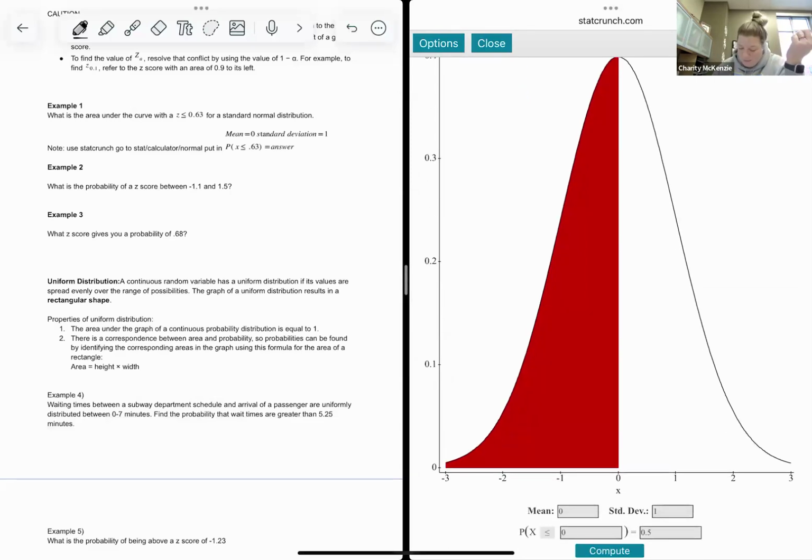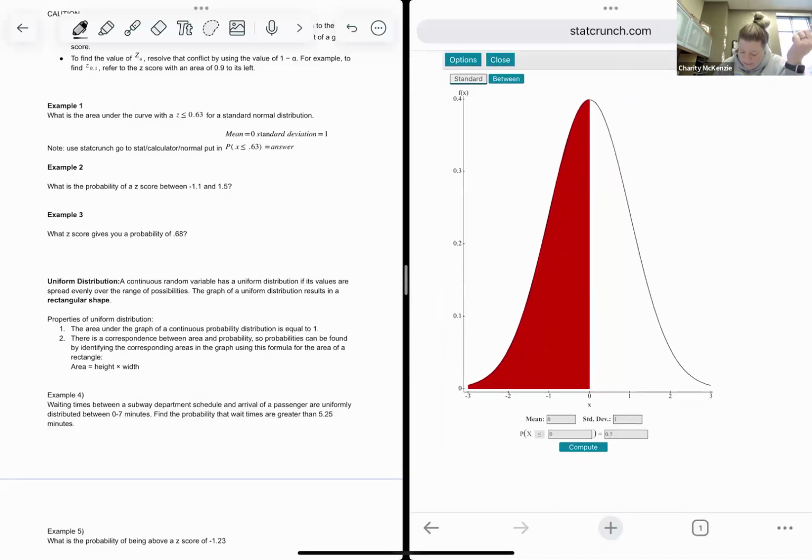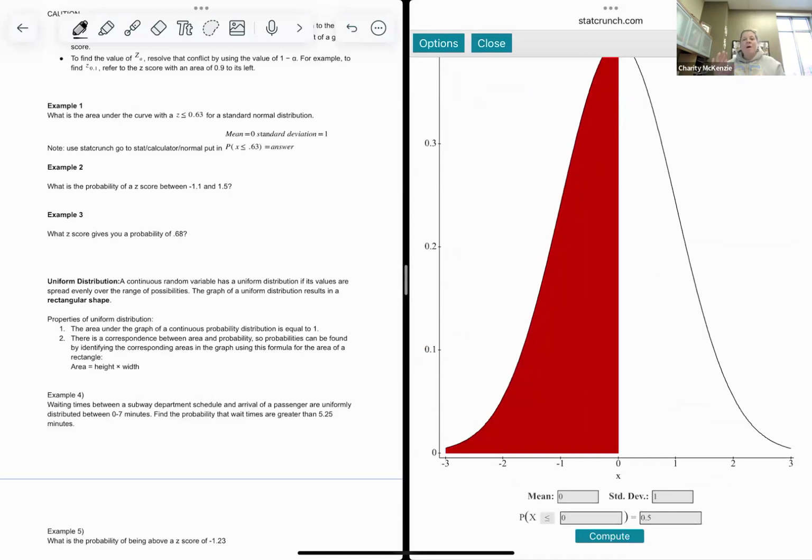We'll talk about uniform today as well a little bit. So when we open this, we'll have this shaded region giving us the probability or area under the curve. And if you look close, it already gives us the mean of 0 and the standard deviation of 1, which is the standard normal we're looking at right now.